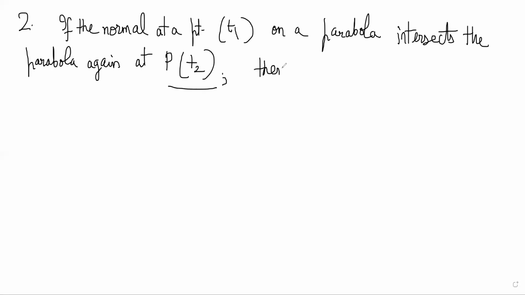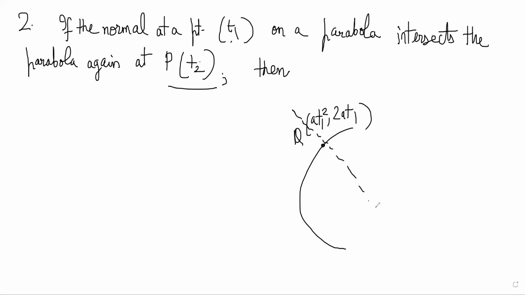Then can you find a relationship between T2 and T1, right? Basically the question is this: you have one point here, Q, which is a t1 square comma 2a t1. You draw a normal to Q and it cuts the parabola again at some point P, right? We want to find out the point P.